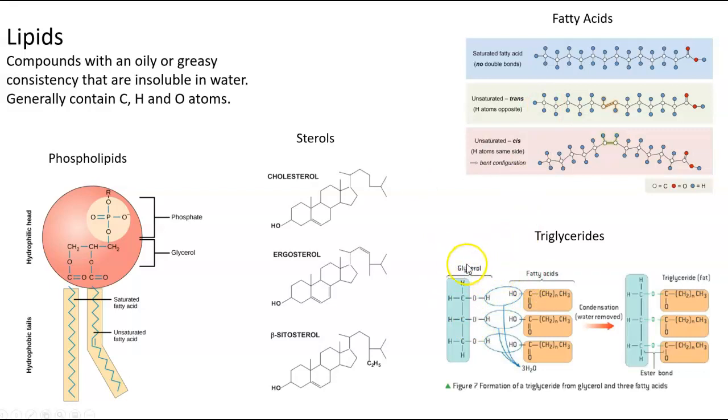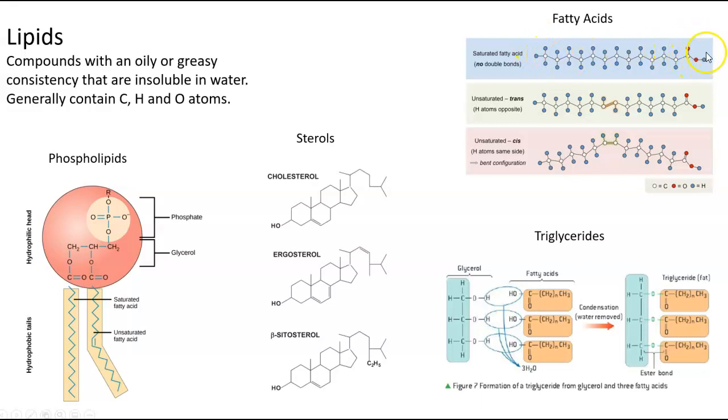We see that they are formed by an alcohol, glycerol, and 3 fatty acid chains here. And we see that they are also formed by condensation. So yay, I was actually correct. But the fatty acids that make up the main part of the triglyceride are these long chains of carbon atoms with hydrogens bound to them.